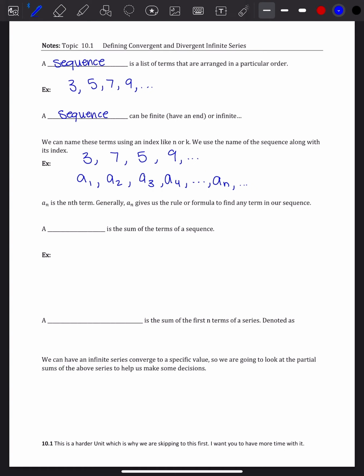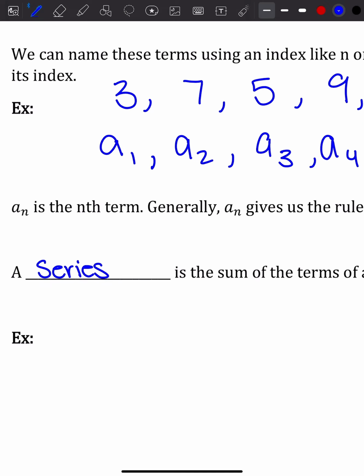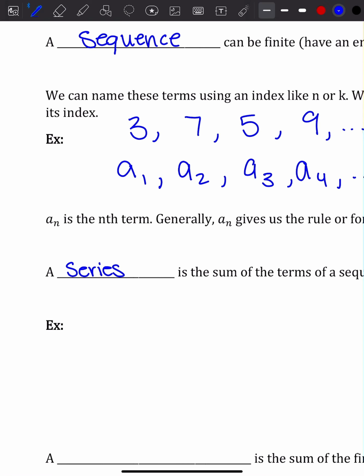Okay, on the other hand, a series is the sum of the terms of a sequence. So we're going to be dealing with series more than sequences, but we get a series from the sequence added up.